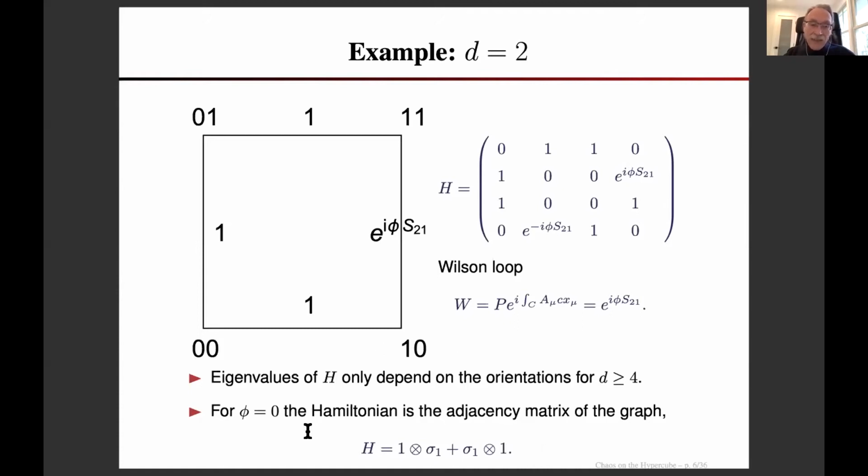So for phi equal to 0, this matrix is exactly the so-called adjacency matrix of the graph, and of course, that is an integrable system. When phi is not equal to 0, the system is no longer integrable.